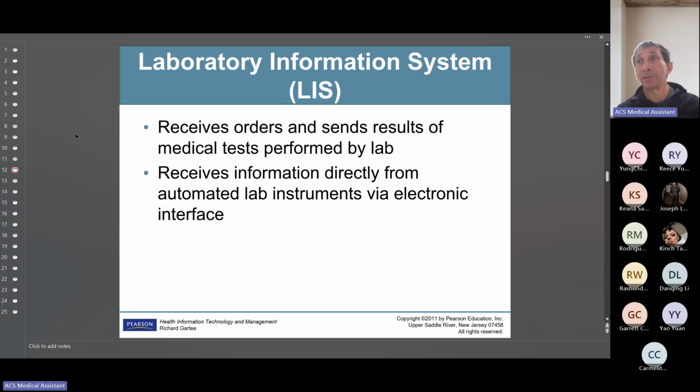Now we're going to move on to the laboratory information system. Remember, within the software application, because we're talking about electronic medical or electronic health records, we're going to have these interoperability systems.